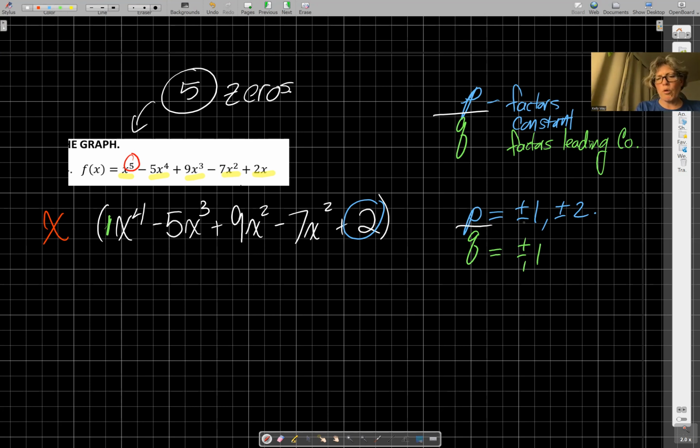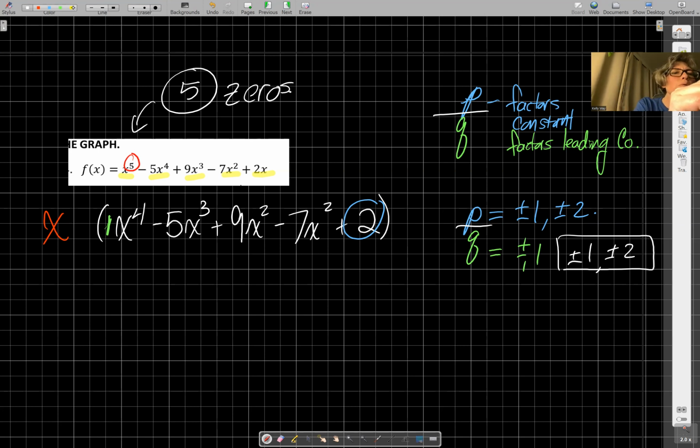If I put P over Q, you basically get any combination of that, and that means you're going to have plus or minus 1 and plus or minus 2. That's all the possibilities. So when you're faced with that many possibilities, it's easy to test one first, just positive 1, and see what happens here.